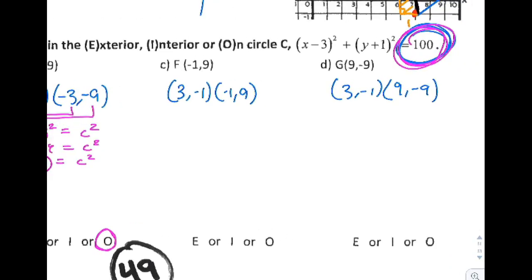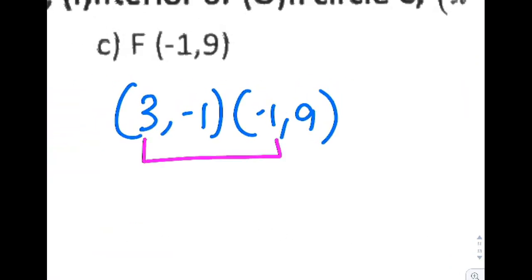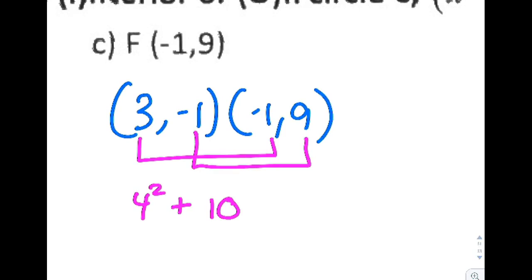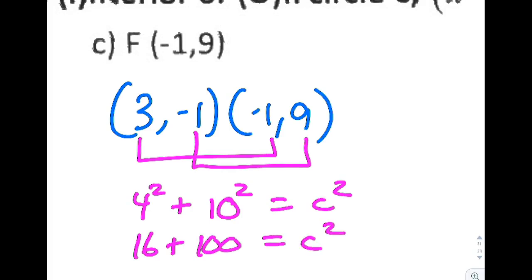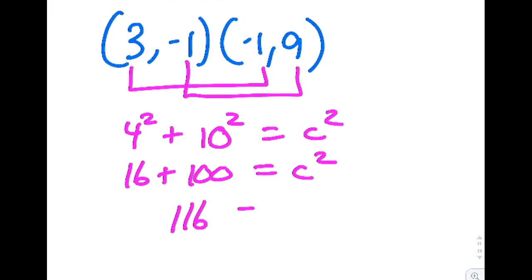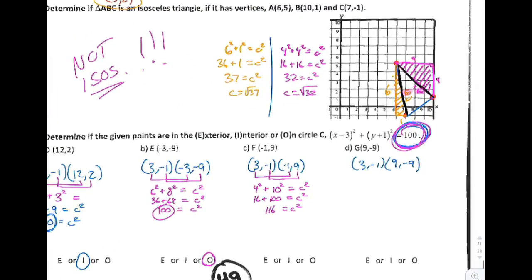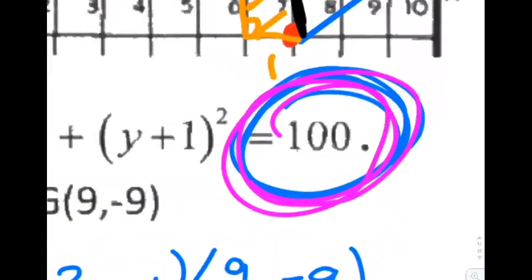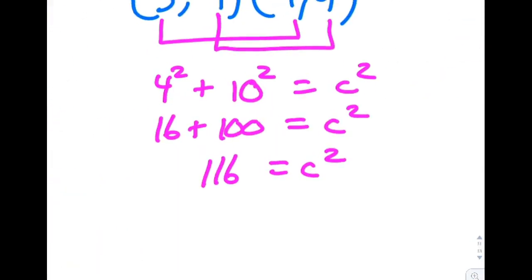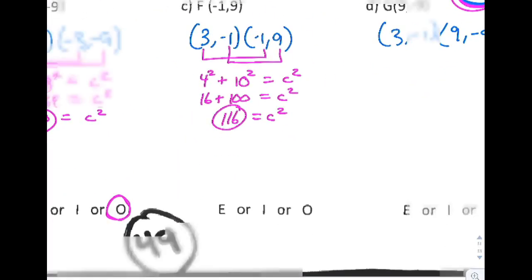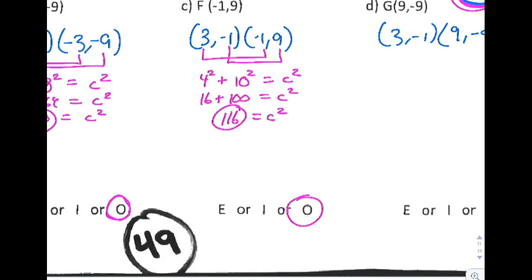In question C, from 3 to -1 is a jump of 4. From -1 to 9 is actually a jump of 10, because you're below 0 to above 0. So we have 16 plus 100. I already can tell that I'm over 100. And when you go back to that 100 at the end, 116 is higher, so this one is outside the circle.